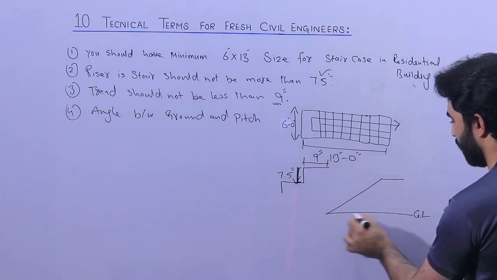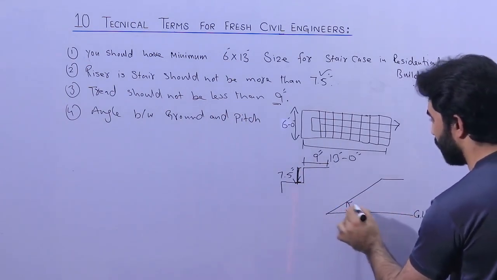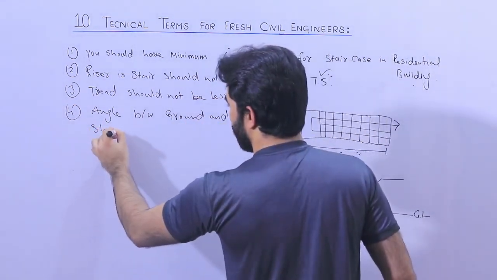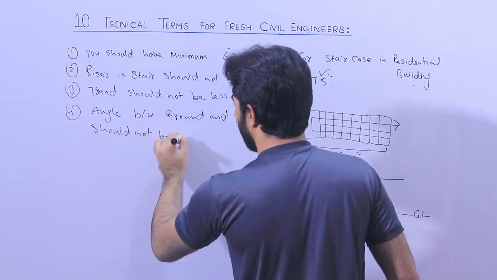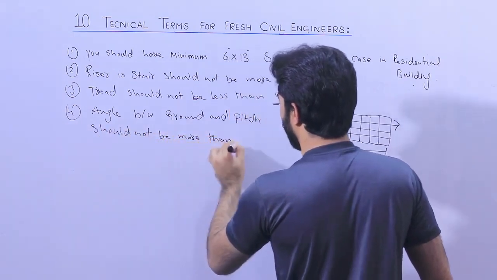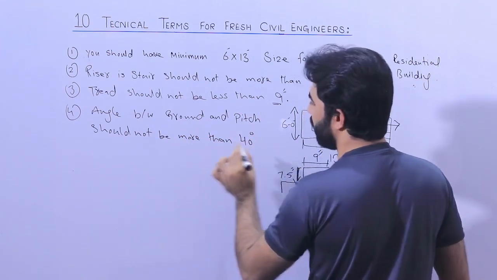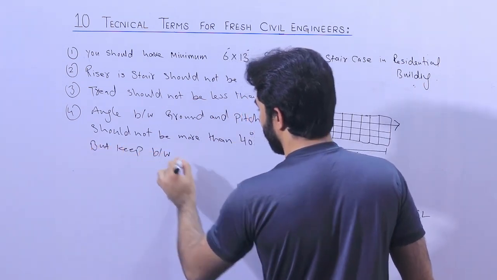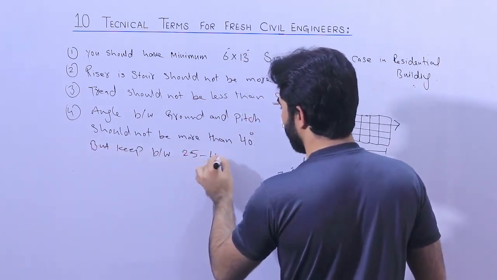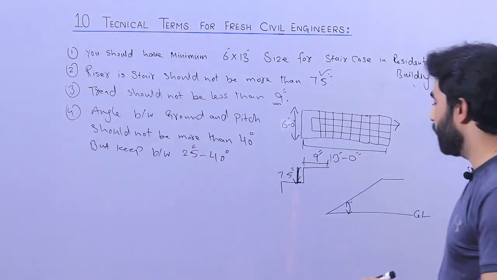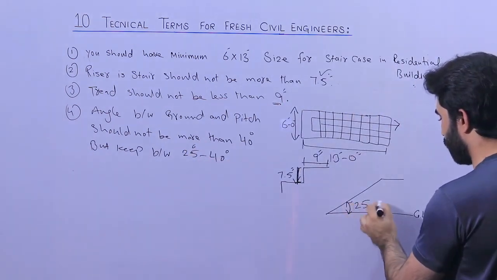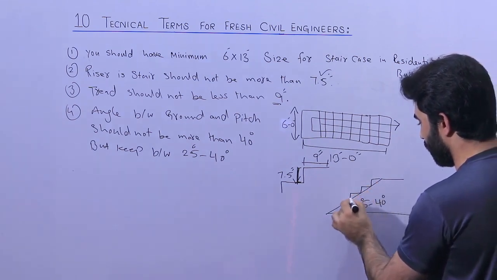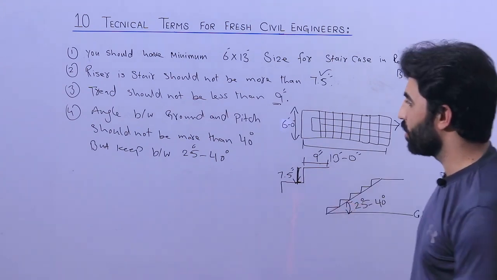So this is ground level, and the angle between ground and pitch should not be more than 40 degrees, but keep it between 25 and 40 degrees. This is very important. So from 25 to 40 degrees. This is tread, riser, tread, riser, tread. This is very important to know.